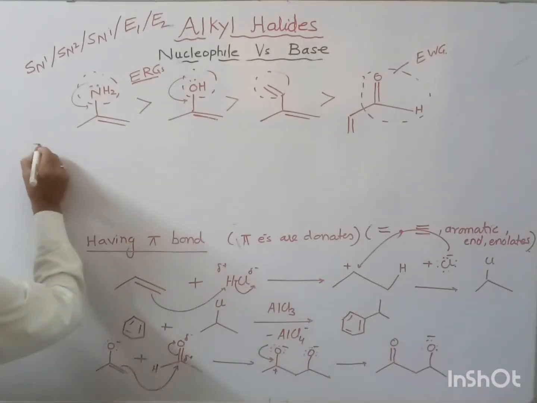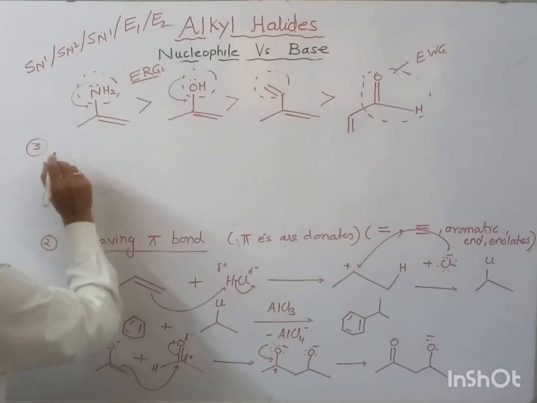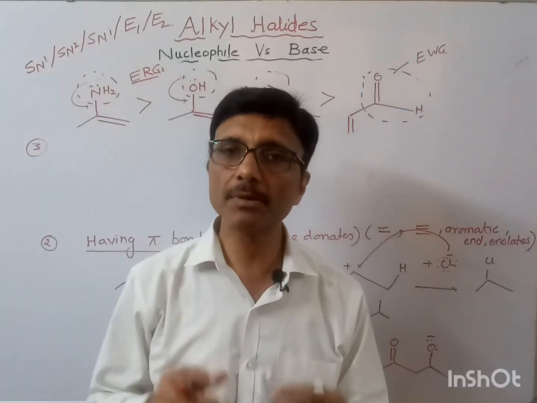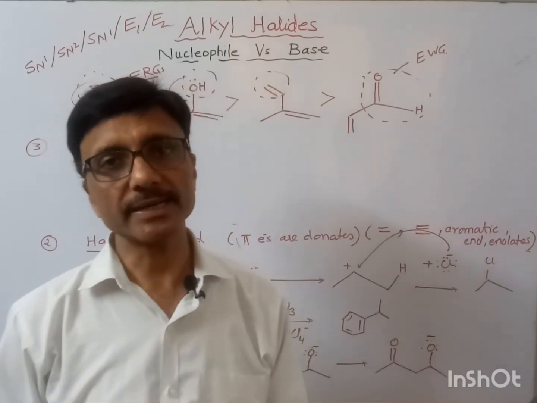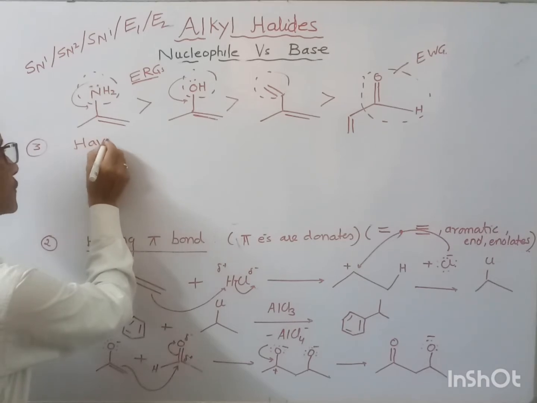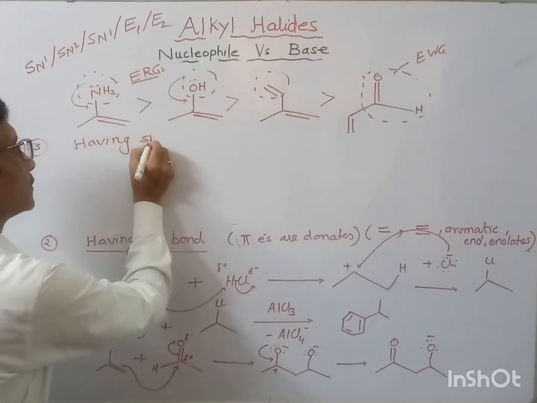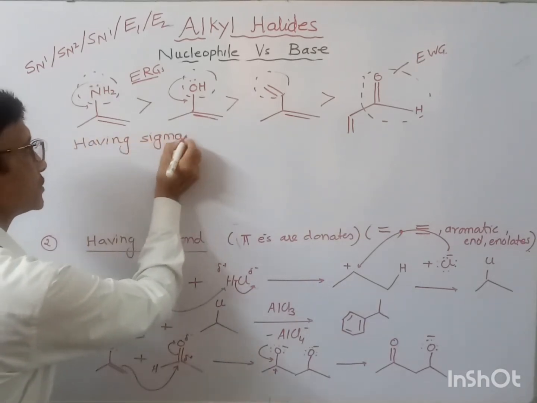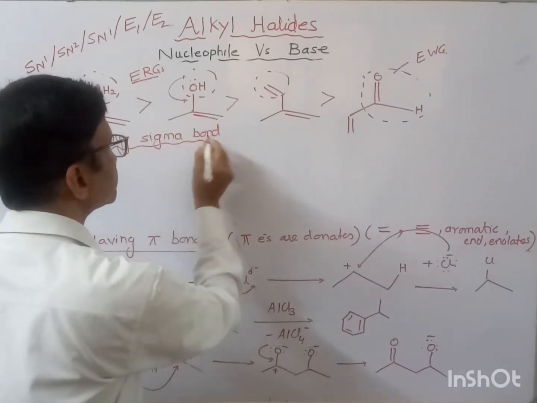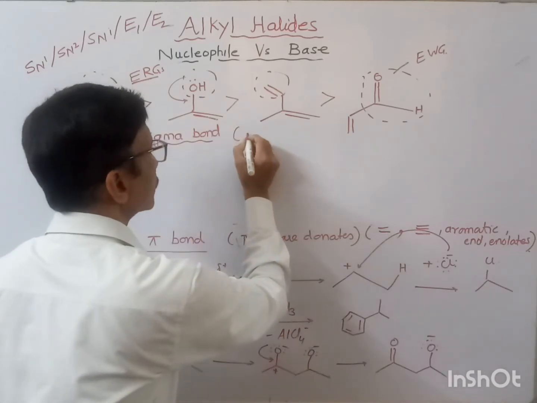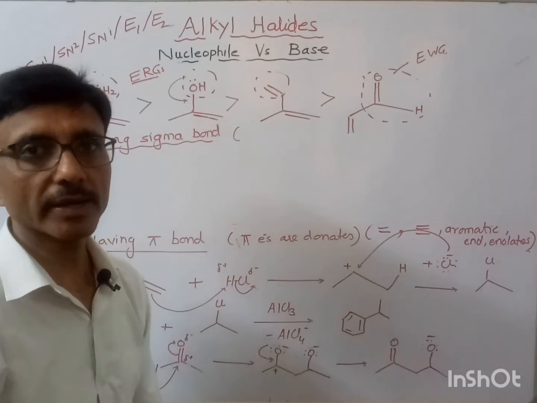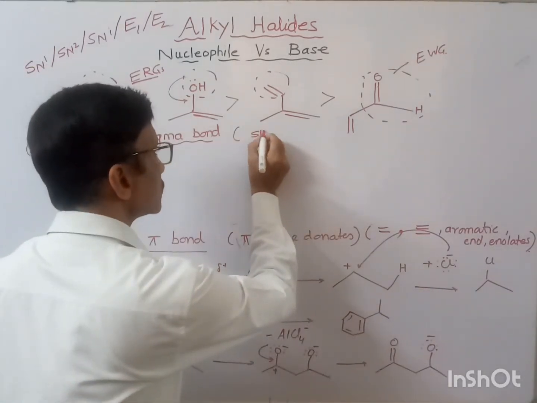Now the third category that we can discuss is sigma bonds. Species having a sigma bond, or the pair of sigma electrons, can also act as a nucleophile.